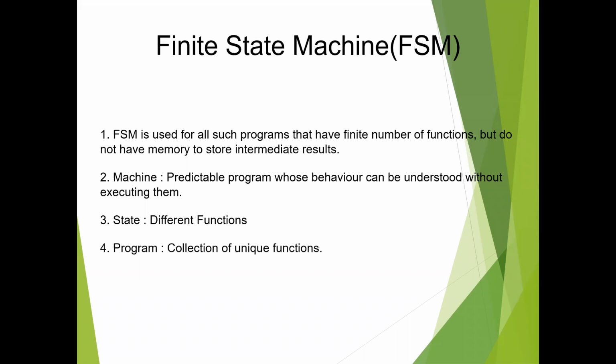That program will have finite number of functions, but these functions or these machines will not have the memory to store the intermediate results, right? So how it works and what is finite state machine, that we will see.